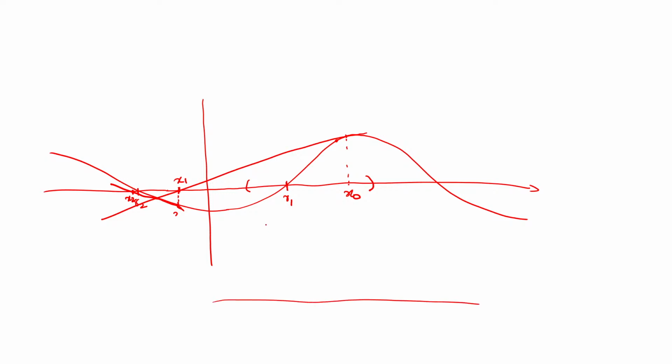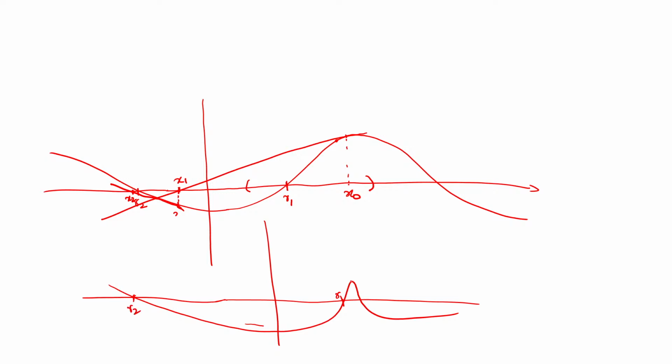Let me give you another example. Suppose I have a function whose graph looks like this. So this is R1 and this is R2. Now I am starting very close to R1, say my x naught is here, very close to R1, but I may be just thrown away from that.